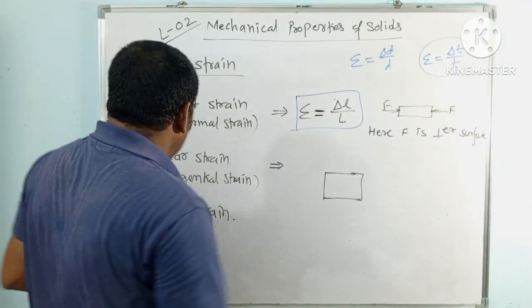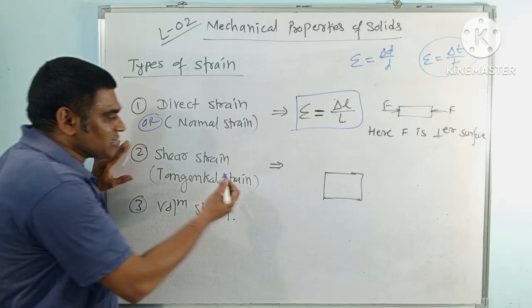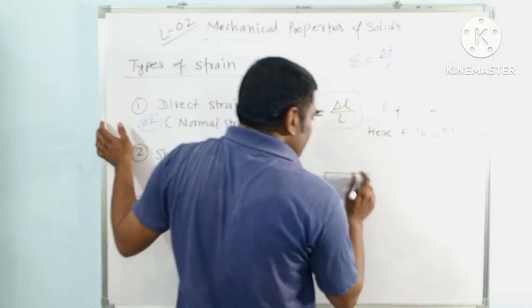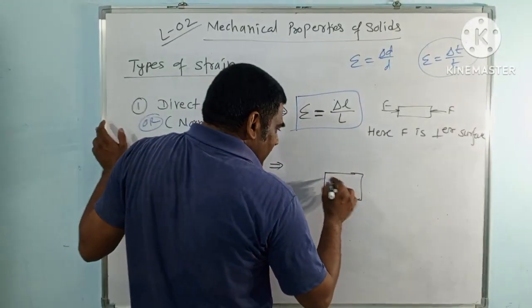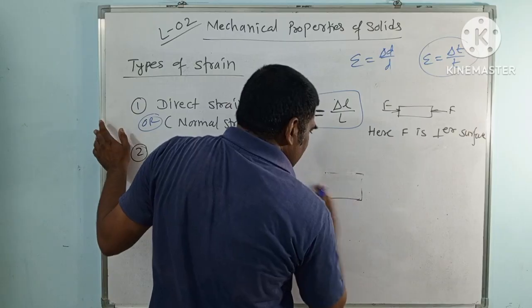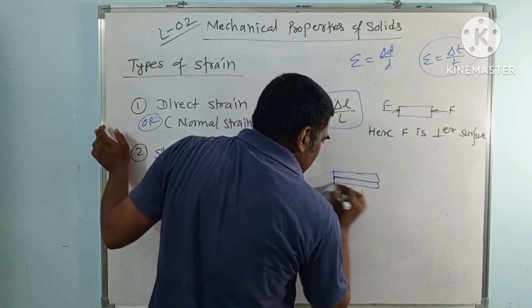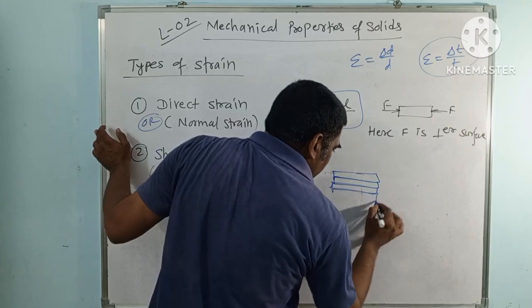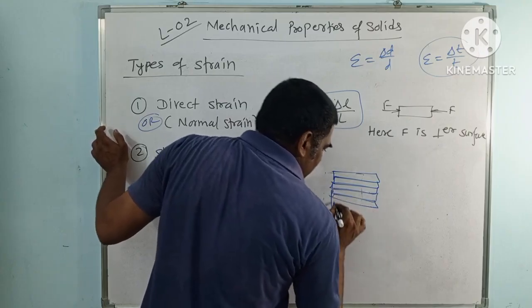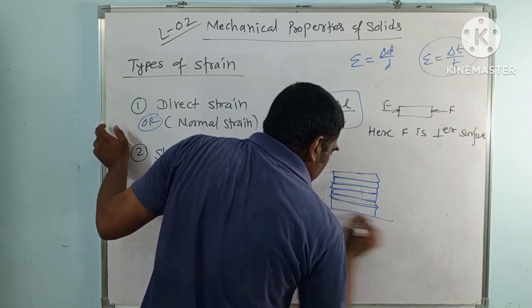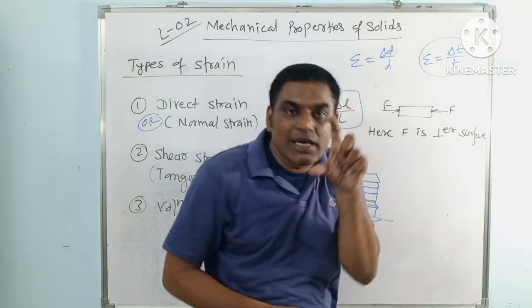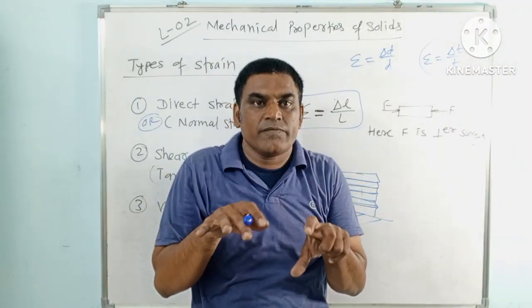Clear? Simple? In the same way, shear strain, tangential strain. What will happen here? Suppose these are the books I will keep here. This is one book, this is another book, third book, fourth book, like this. Why am I saying book? Because in material also such layers are there.